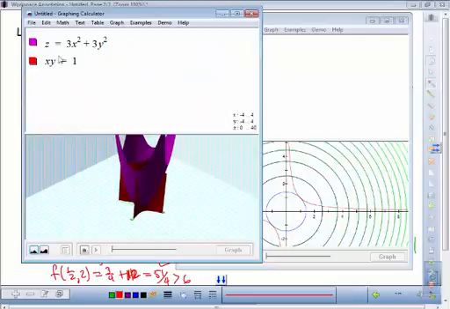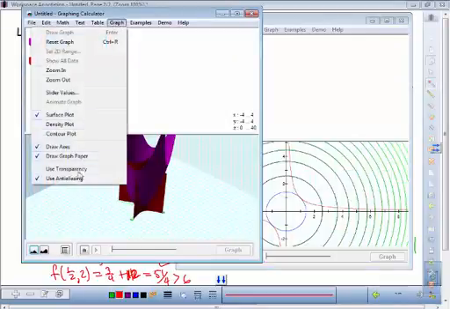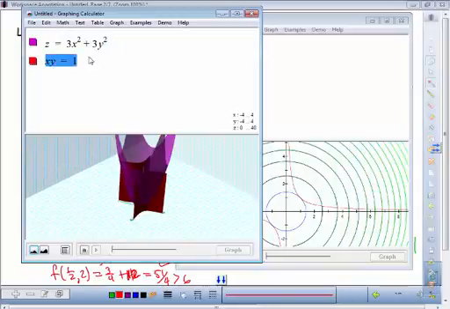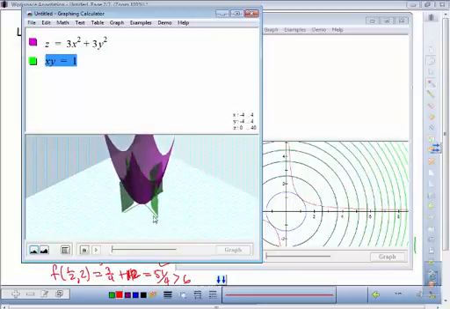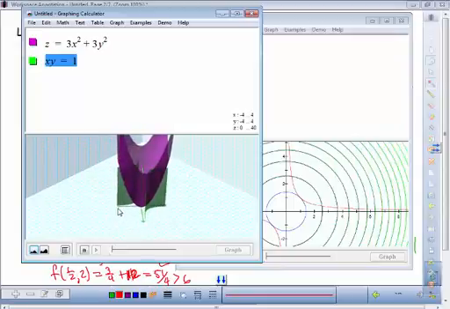I adjusted the settings a little bit so we can kind of see what's going on. And maybe I need to change the color for this one. So this is what's happening in 3 dimensions. It's still hard to see. Can you guys see this?